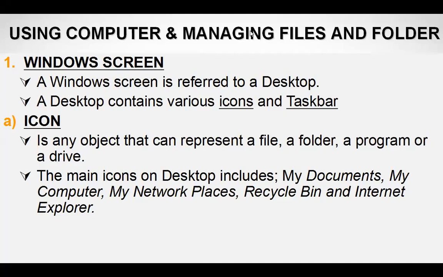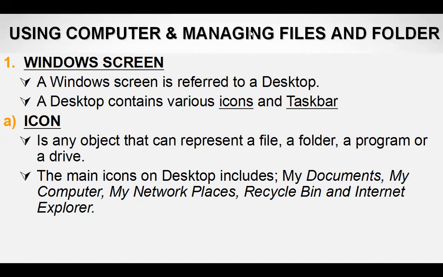I talk about using the computer and managing files and folders. So let's start with the Windows screen. The Windows screen is what we refer to as the desktop, and this desktop contains two things: the icons and the taskbar. Now, an icon is an object that can represent a file, a folder, a program, or a drive.